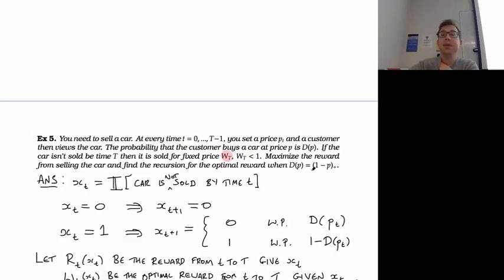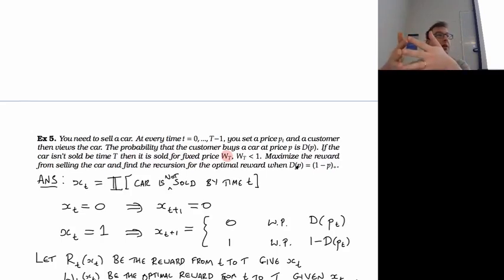Does that make sense? Because the most I can get out of the demand here is 1. So I might as well set my price really high so the probability here is really close to 0. So it's really unlikely I'm going to sell the car. But if I wait long enough, someone will come along and eventually pick it up.